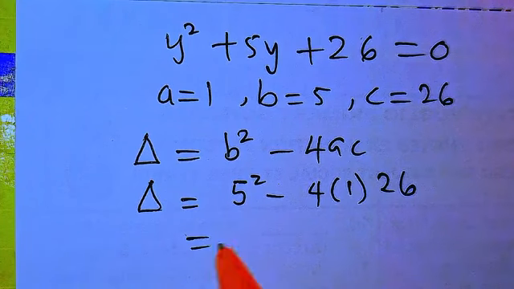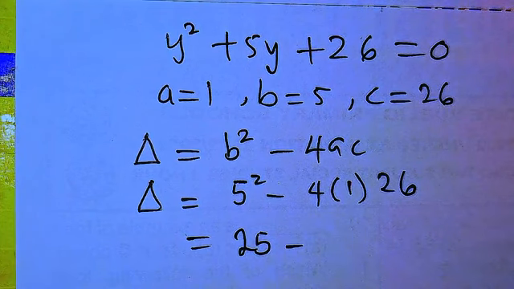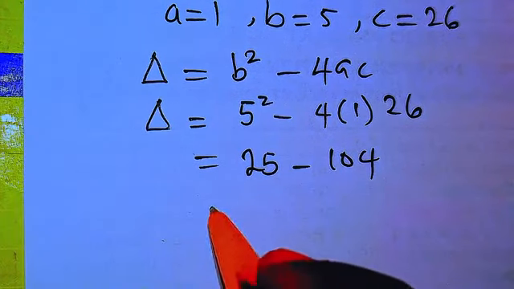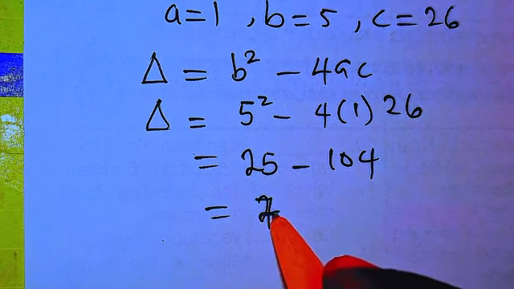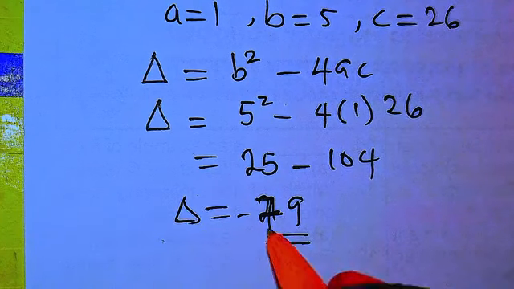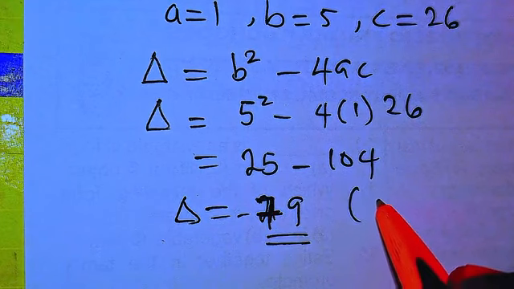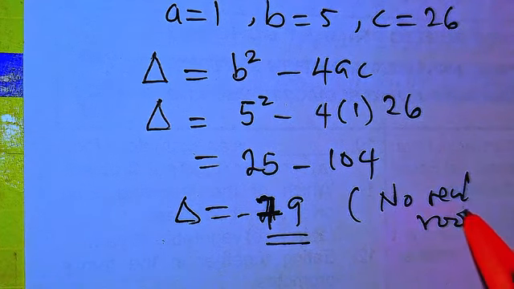So here we have 25 minus 4 times this, which is 104, right? So we have 25 minus this, that's going to give us minus 79. So now since we have the discriminant to be minus 79, which is complex roots, we have no real roots.